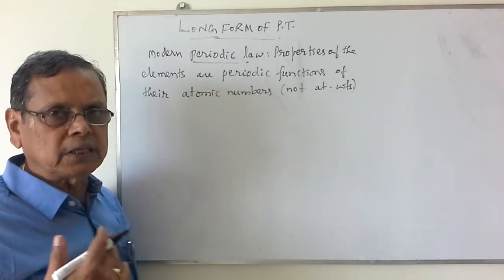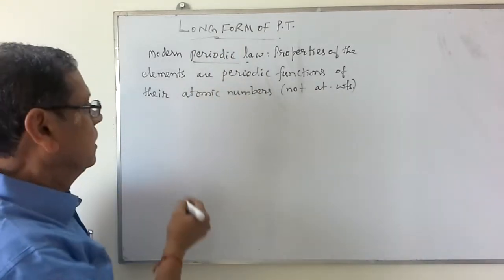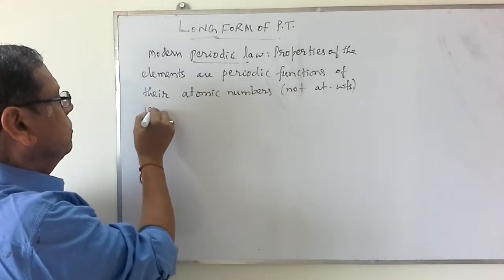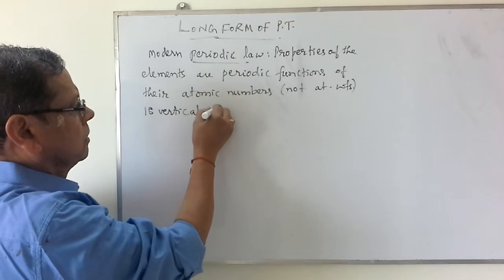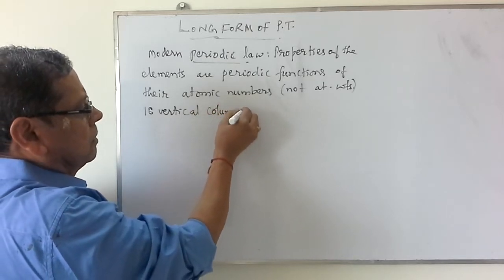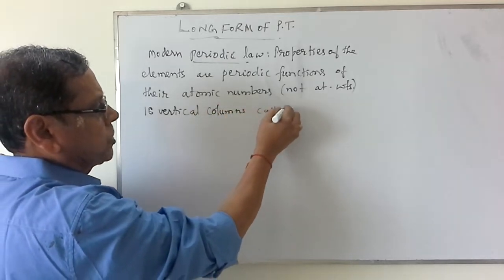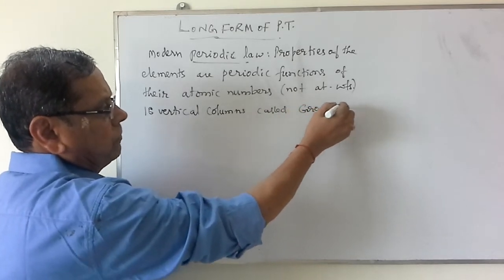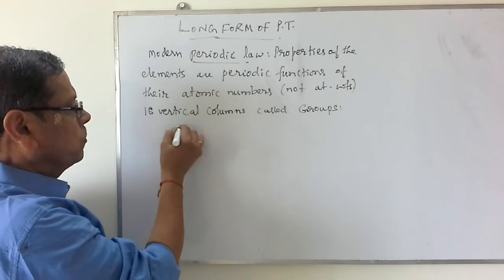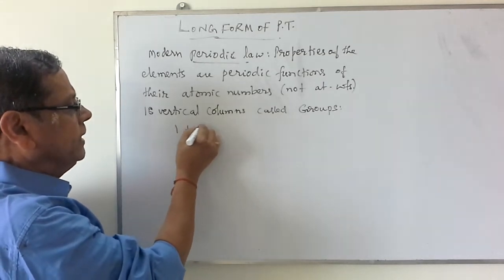The features of this long form of the periodic table are, there are 18 vertical columns called groups. So there are 18 groups, and these groups are numbered 1 to 18 directly.